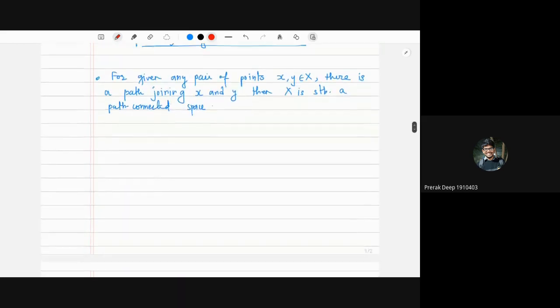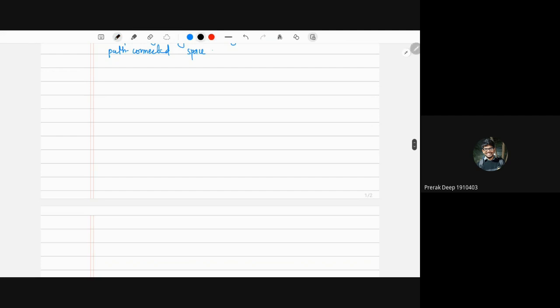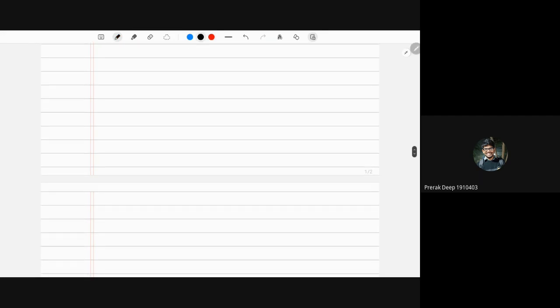Before starting with anything, let me write a result from your lectures: a path connected space is a connected space.